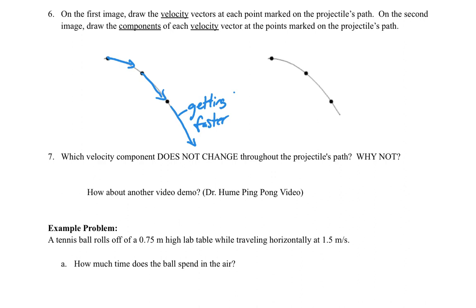So let's go ahead, and on this second drawing, let's draw just the horizontal part. Okay? So the horizontal part looks like this. And then at each spot, it's going to be exactly the same size. So it never gets any bigger because there's no acceleration in the x direction.